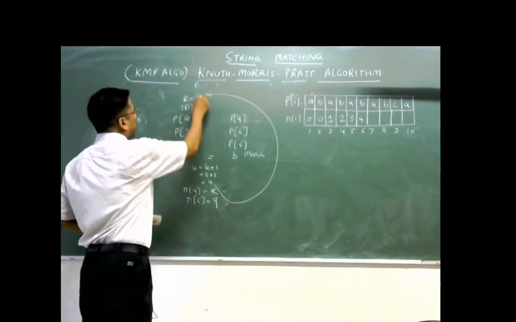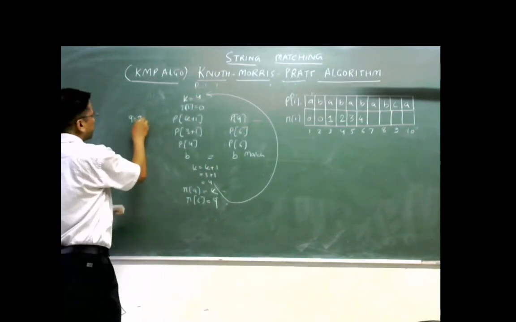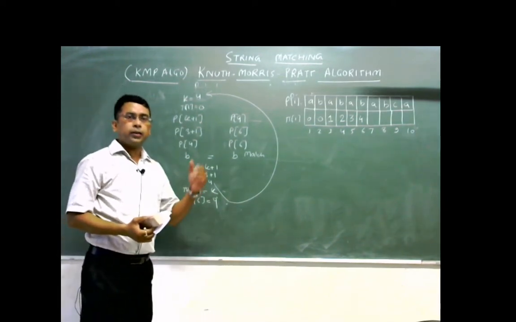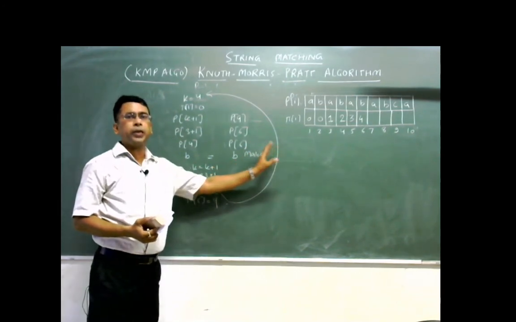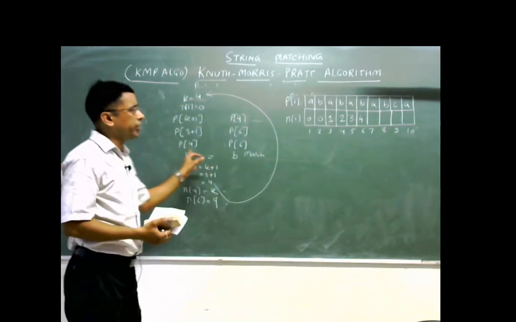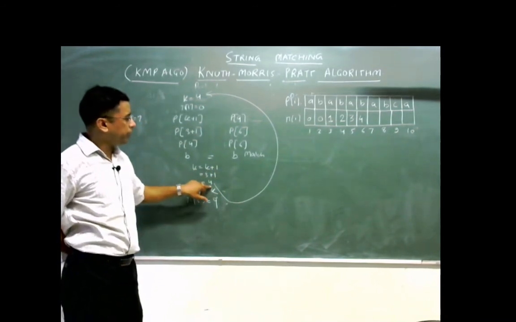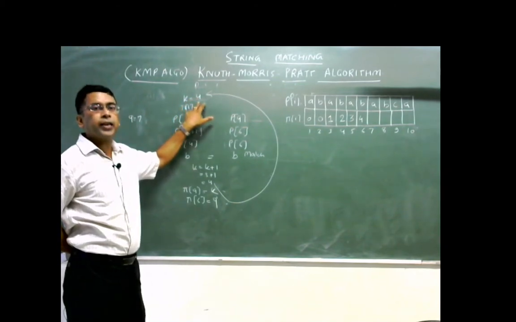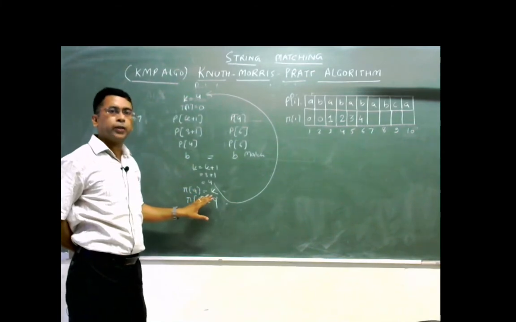Now for q equals 7. So we are increasing the value of k whenever there is a matching condition between P[k+1] and P[q]. Every time we get a match, we increase the value of k, and when we update the value of k, we update k here for the next iteration, and after that we assign the value to the pi[q] function.